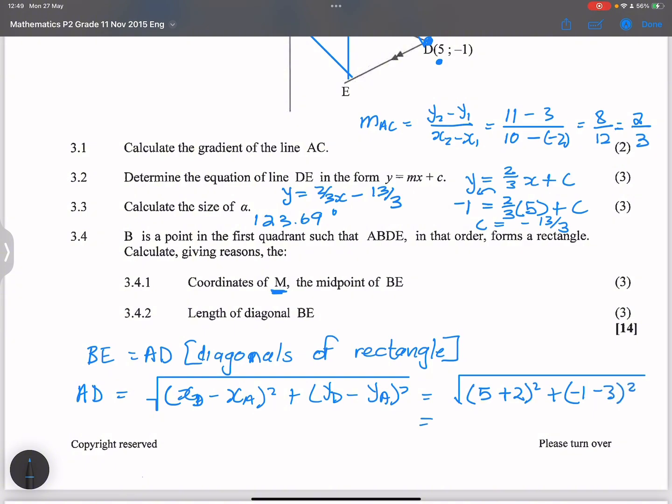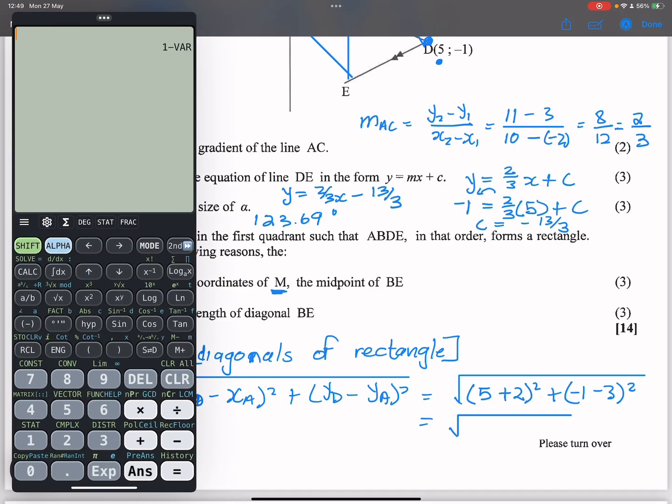Let's just put that in our calculator. We've got the square root of 7 squared plus negative 4 squared, but remember that a negative squared is actually a positive, so we might as well just say plus 4 squared.